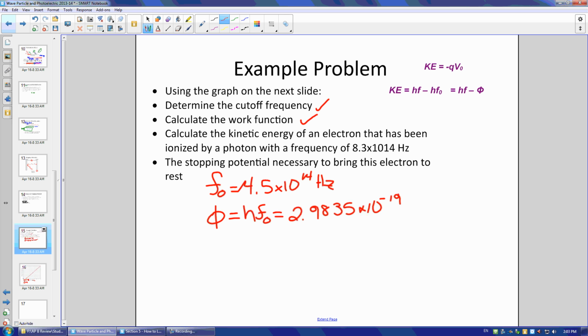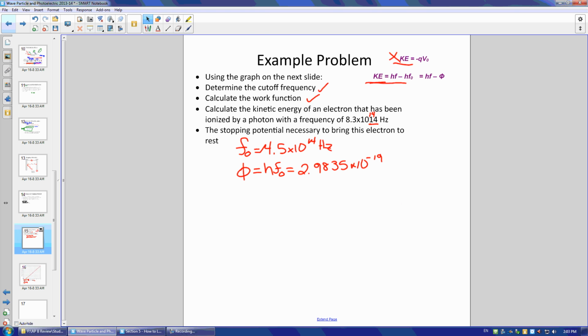I want to calculate the kinetic energy of an electron that has been ionized by a photon with a frequency of 8.3 times 10 to the 14th hertz. If I'm solving for kinetic energy, I can use this one or this one, but I don't know stopping potential, so not this one. So we're going to use kinetic energy is equal to hf minus hf naught, also known as phi, since we already solved for work function.